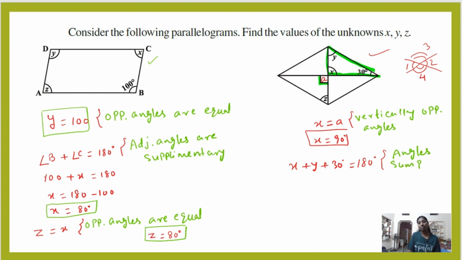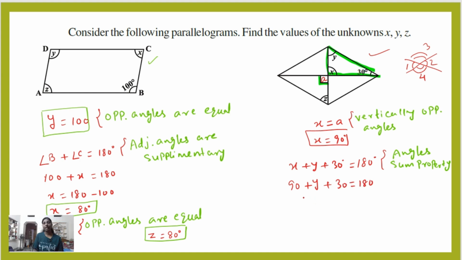The value of x is 90, so 90 plus y plus 30 is equal to 180. It means 90 plus 30 is 120, and 120 plus y is equal to 180.